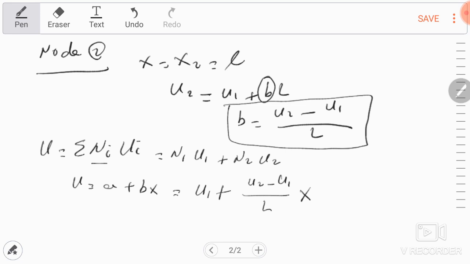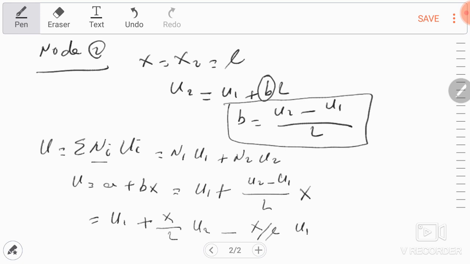Okay, then equal u1 plus x over L times u2 minus x over L times u1.